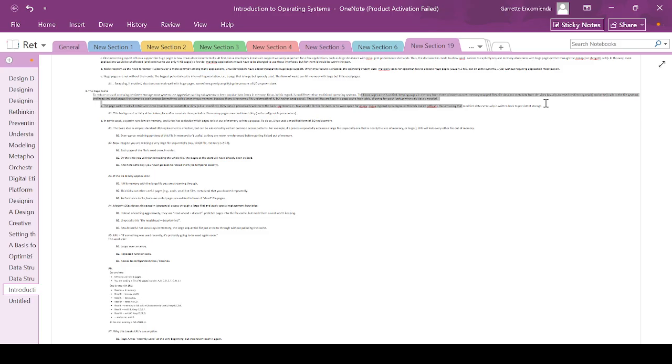Again, it learned from the past with the VAX or VMS. It used that to track the references that are actively being used, and it also learns from that to improve the replacement or clock algorithm.